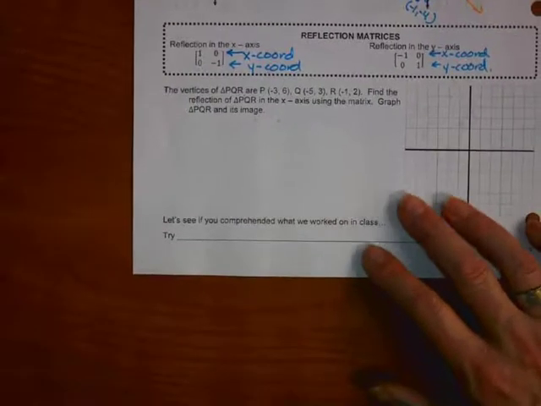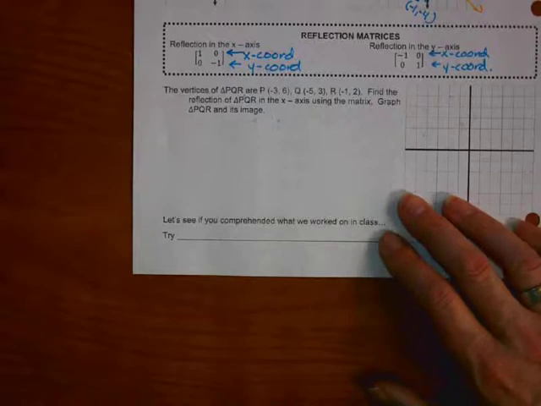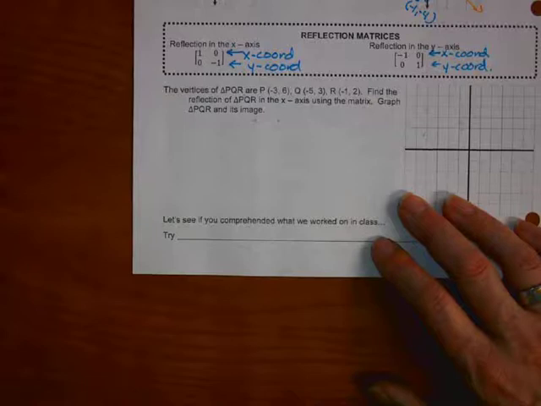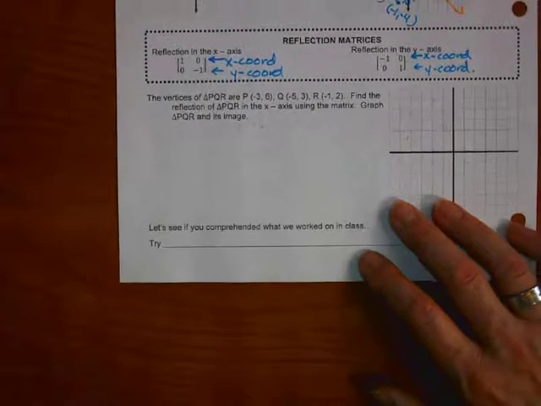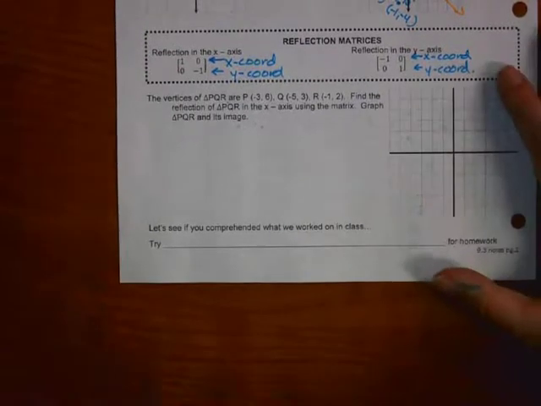All right, the vertices of PQR are these points. Find the reflection of PQR in the x-axis using the matrix. Graph PQR and its image. So let's graph PQR first, and then we'll set up the matrices.